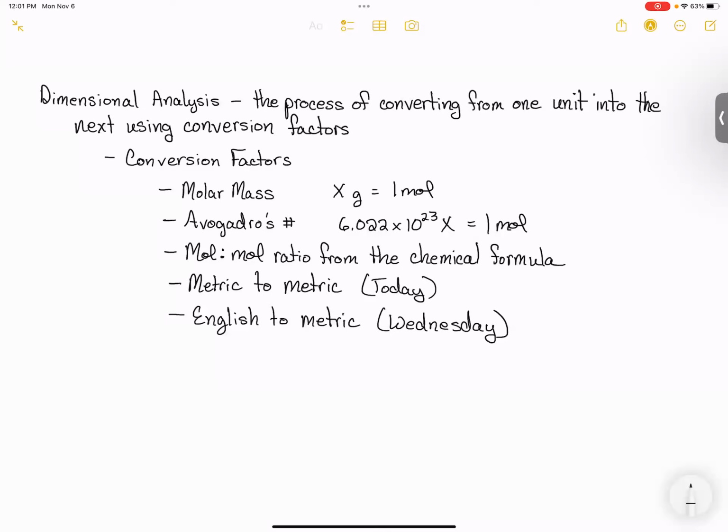Today what we're going to do is introduce the metric to metric conversions, where we use the metric prefix system to perform conversions, and then on Wednesday we will add the English to metric conversions, where we convert between the English system of units and the metric system of units.